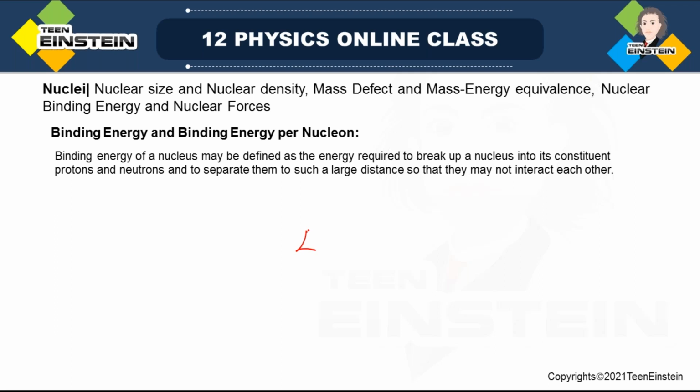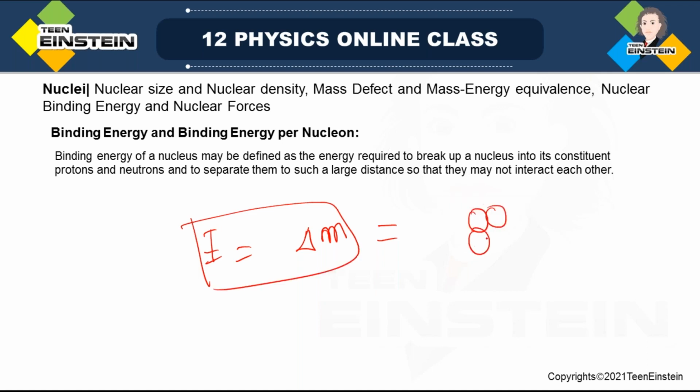So you have seen that there was a mass defect: if we just take the masses of only the constituent protons and neutrons, then the mass was greater than the original stable nucleus. If you just take the difference, that is called mass defect, and this mass defect will manifest as binding energy. That means the nucleons will be bound strongly to each other.